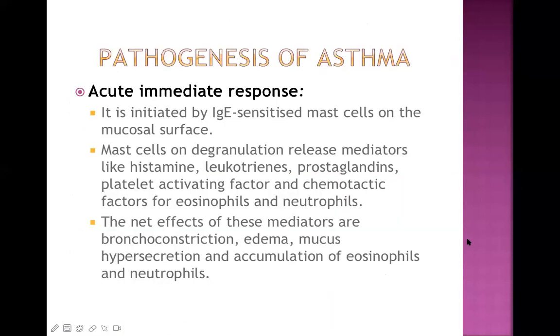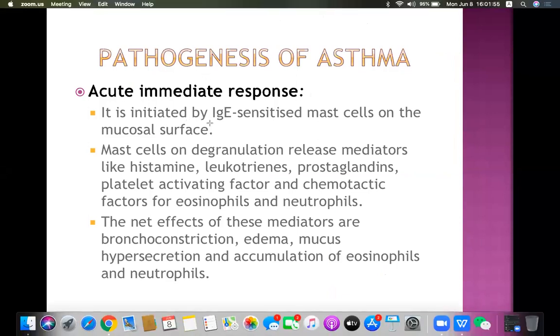Now here, regarding the pathogenesis of asthma, it is an IgE mediated disorder. Now this IgE is synthesized by plasma cell because these are atopic individuals. Atopic individuals, after they are exposed to the antigen, synthesize IgE antibody.